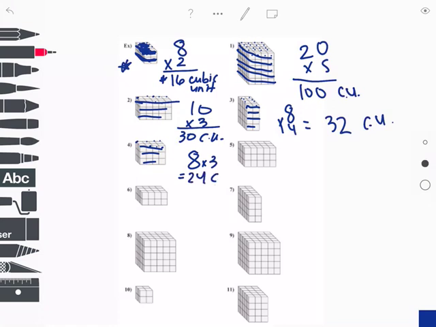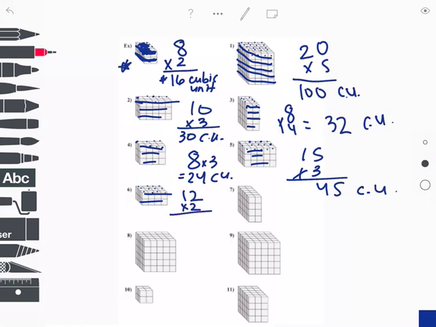It would give us 24 cubic units. For 5, 1 through 15 on top. And there are 1, 2, 3 rows. So this would be 45 cubic units. In this one, 12 times 2, 24 cubic units.